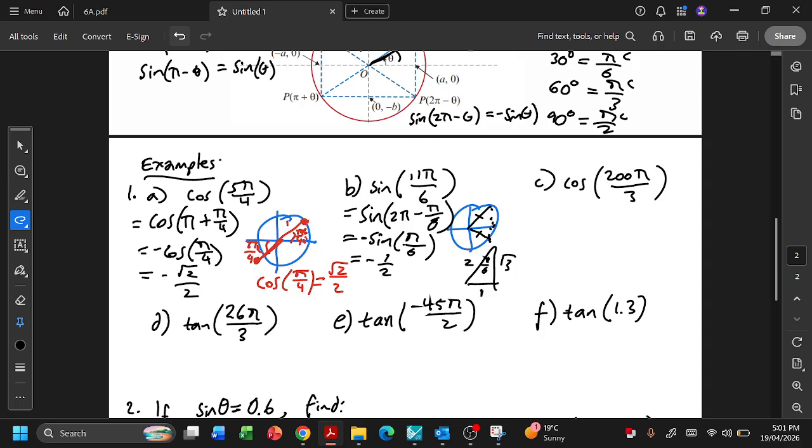Let's try another example, this one over here with cosine. So cosine 200 pi over 3. Again, that looks like a big scary number, but we just need to work out what's the remainder. That's what we really care about here.